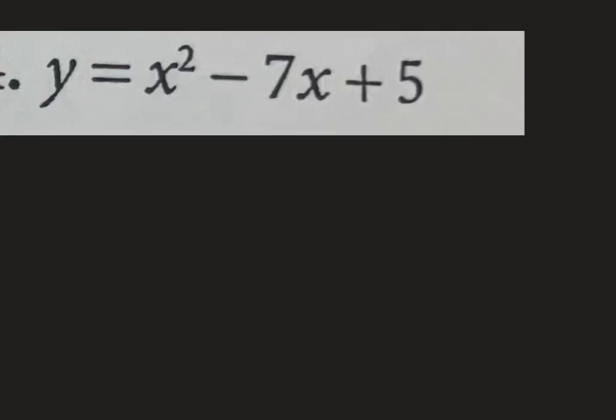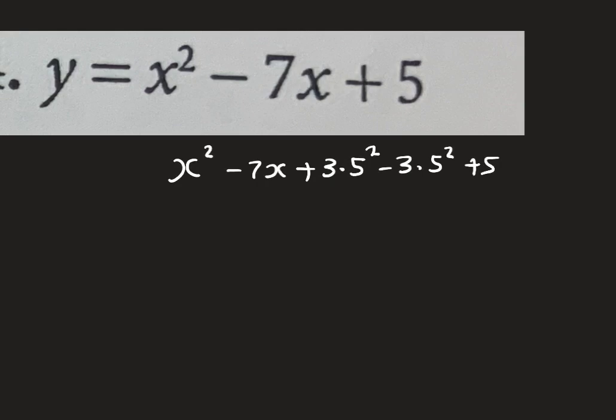Number 4, in the same way, x squared, half of 7 is 3.5, so minus 7x, plus 3.5 squared, minus 3.5 squared, plus 5.